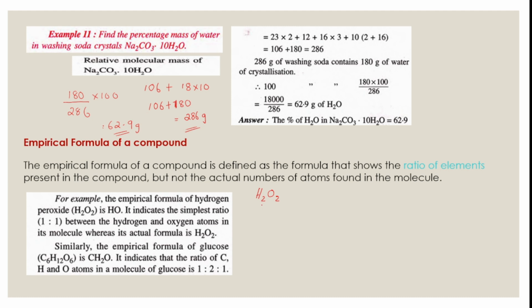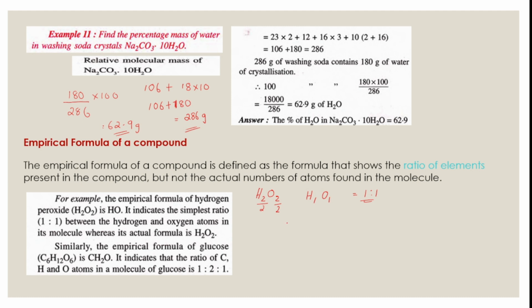Now we have studied during our previous classes how to write the valencies. If there is a common factor here and here, we divide it and make it in the simple ratio. So what will we get? 2 by 2 is 1 and O is 1. So what is the ratio of hydrogen to oxygen? 1 is to 1. So this is how we write the empirical formula. It tells us in what ratio the elements are present in a compound.